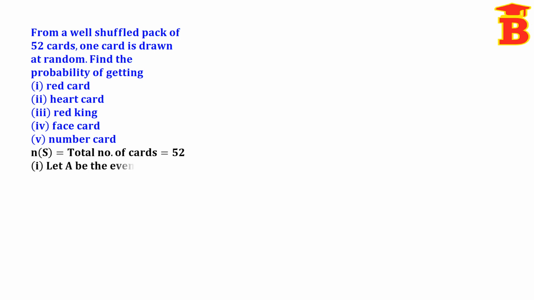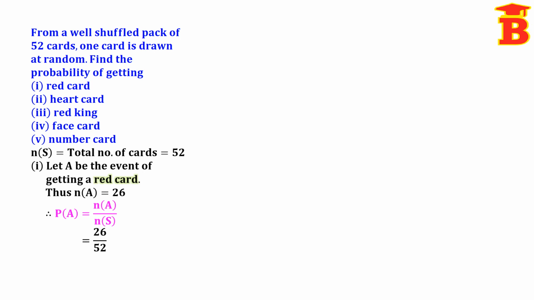First one, red cards. Let A be the event of getting red card. So N of A equal to 26. There are 26 red cards. And using the formula P of A equal to N of A divided by N of S. So that is equal to 26 divided by 52. Cancel this 1 by 2.